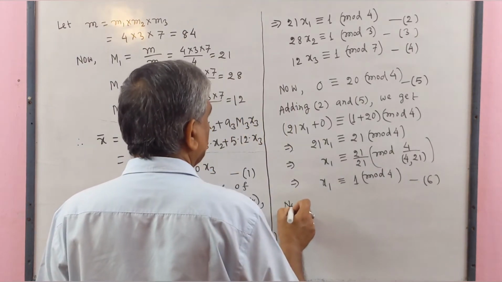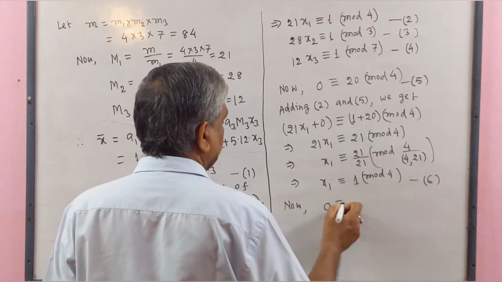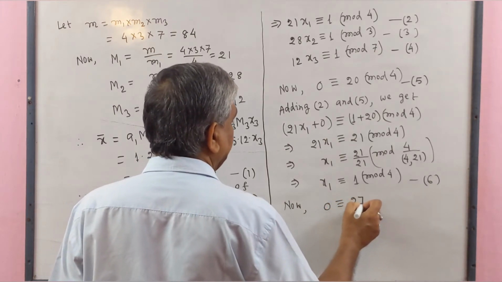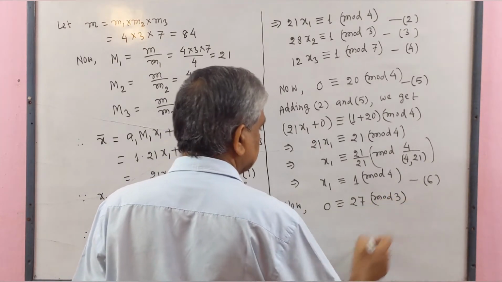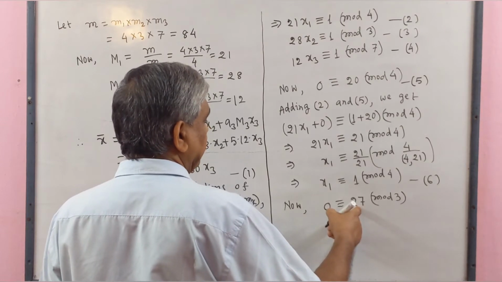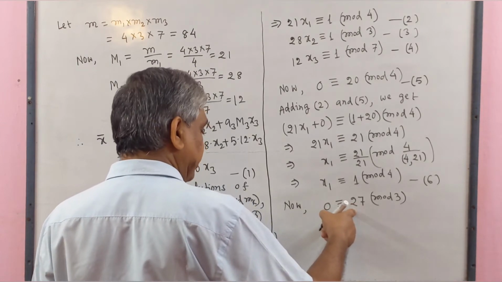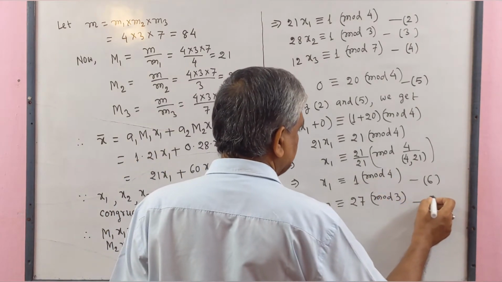Now, 0 is congruent to 27 modulo 3, because 0 minus 27 means minus 27, which is divisible by 3. Let this is number 7.